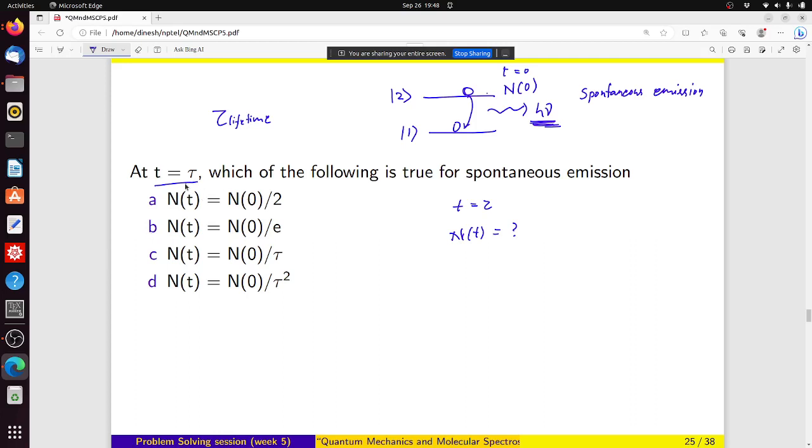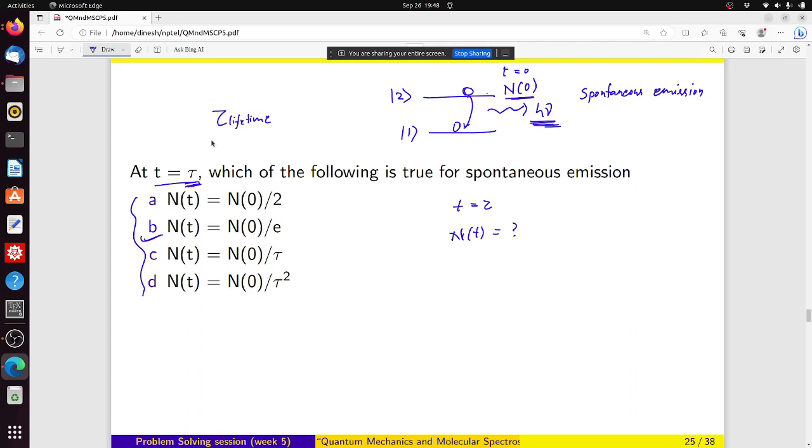At t equal to tau, the population of this excited state reduced to which relation? Option B. Yes, right.